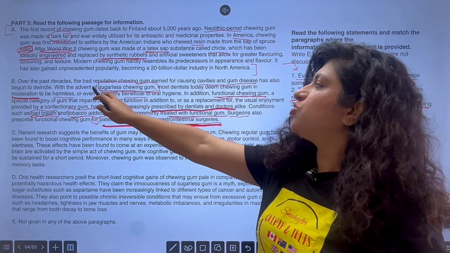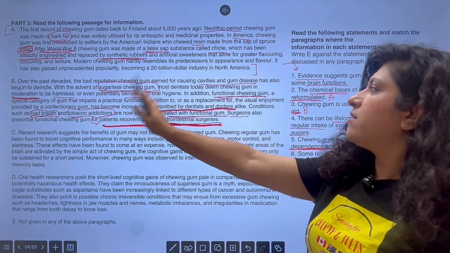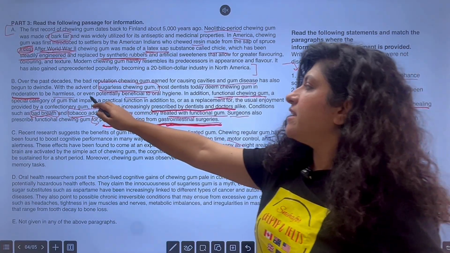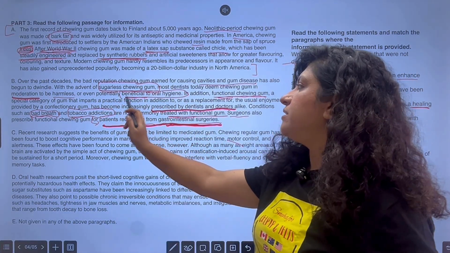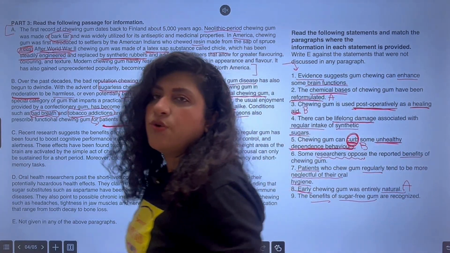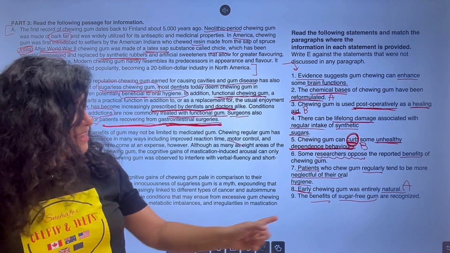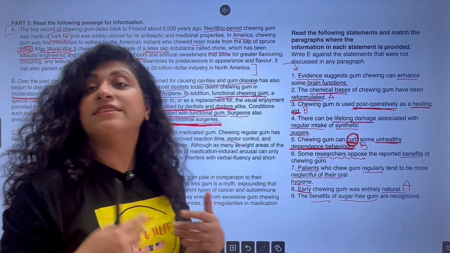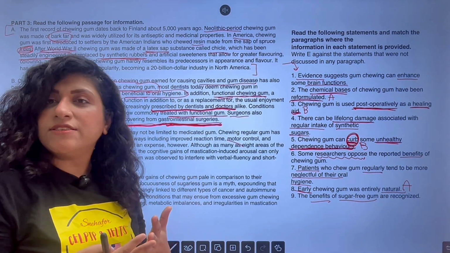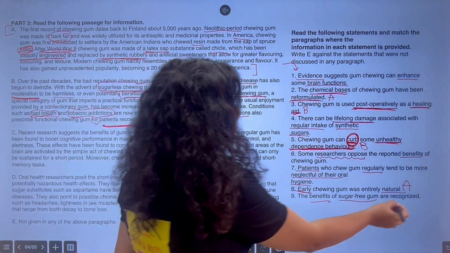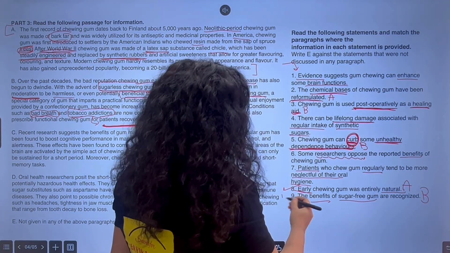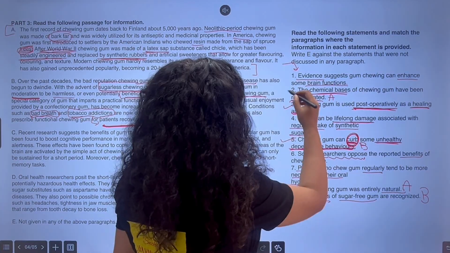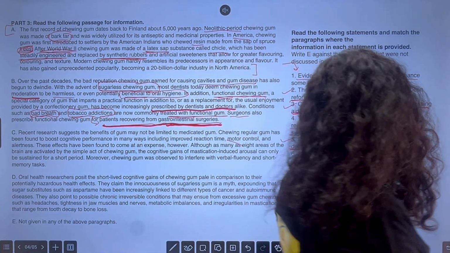It says when sugar-free chewing gum came in the market, dentists say that it's beneficial to oral hygiene. So yes, there are benefits. Dentists are recognizing those benefits. Yes. So this is going to be B. Now we have solved 8th, we have solved 9th, 5th, 3rd, 2nd. We are going to solve the rest of these.